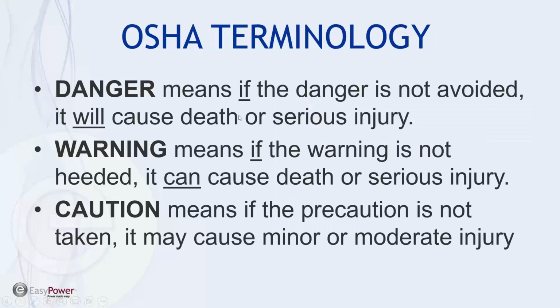I do want to talk a little bit about the ANSI standard for labeling. In the OSHA terminology, danger means if the danger is not avoided, it will cause death or serious injury. Warning, under OSHA's terminology, means if the warning is not heeded, it can cause death or serious injury. And then caution means if the precaution is not taken, it may cause minor or moderate injury.